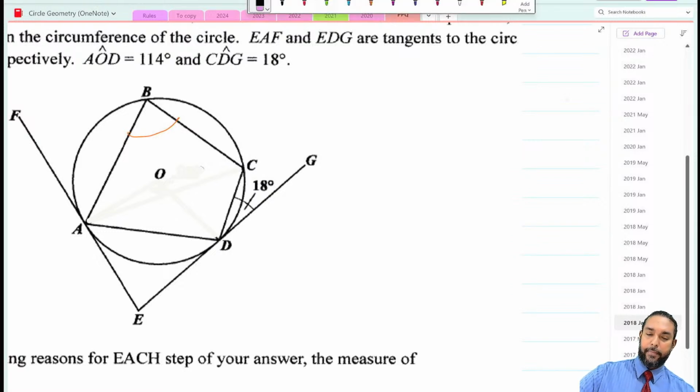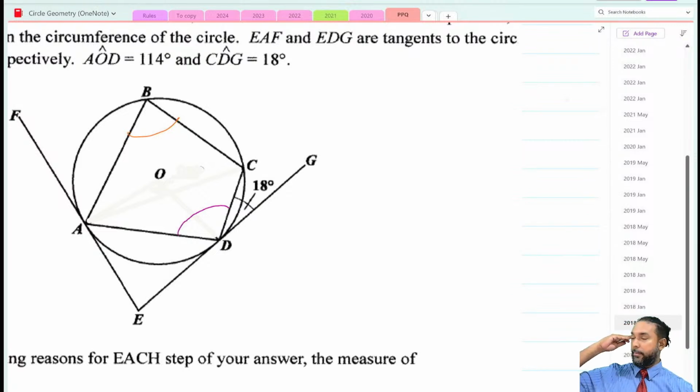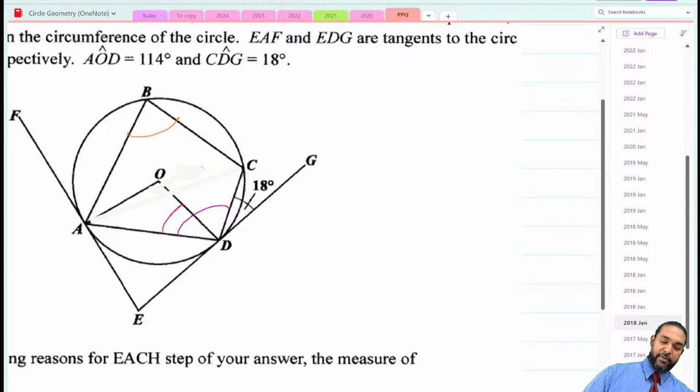Yeah, 72. So like we were saying, we have a cyclic quadrilateral here, and the rule is that the opposite angles of a cyclic quadrilateral are supplementary. So if we add the orange and the purple, we get 180. Now, we can find the purple, because we got one piece of it in the previous part of the question: 33 degrees, one of the angles in the isosceles triangle.